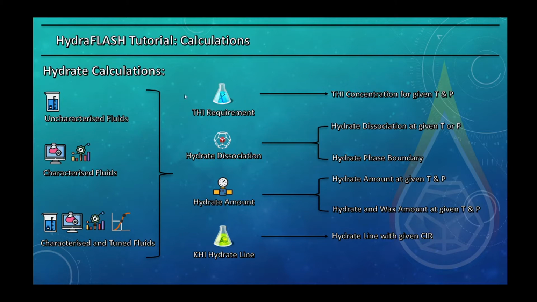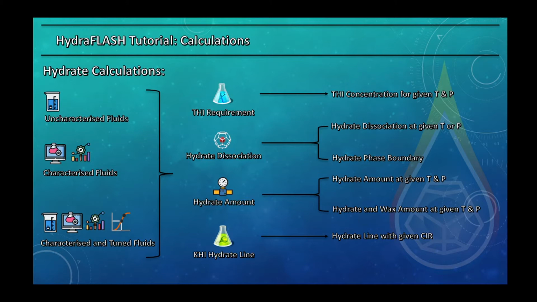I'm going to introduce what these calculation modules are. The first one is the hydrate dissociation calculation. Hydrate dissociation point is a temperature or pressure at which the hydrate starts to dissociate.